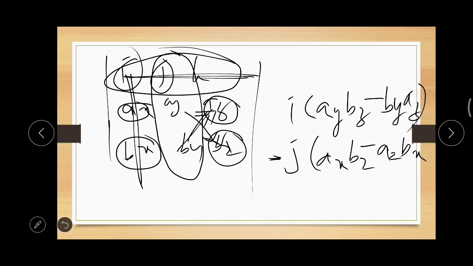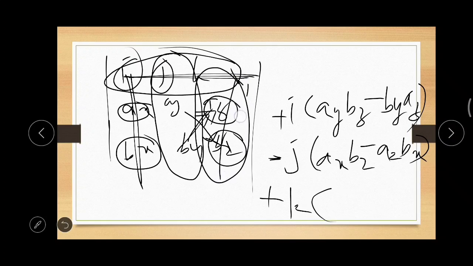Okay. Now the next term is plus k. So i minus j plus k, into the remaining terms, because the row and column of k are cancelled, and the remaining are Ax, By and Bx, Ay.